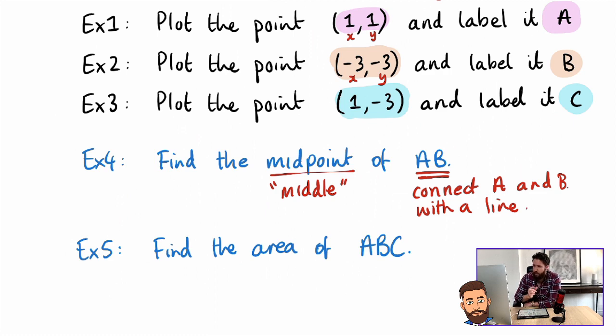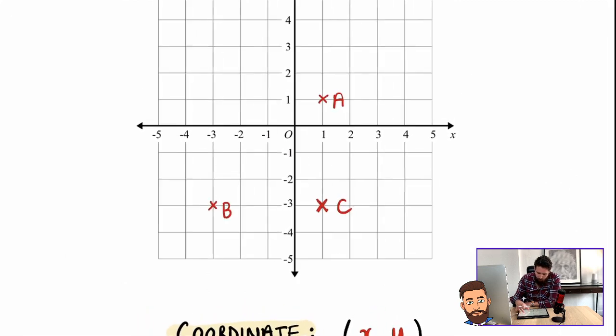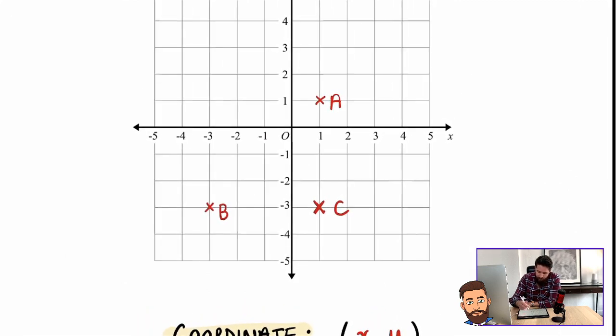So we need to connect the points A and B with a line. If we look at our coordinates A, B and C that we've plotted, AB would be from A to B. So we need to connect that with a nice straight line.